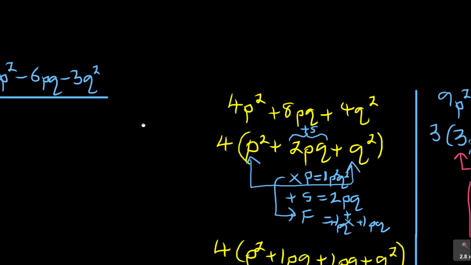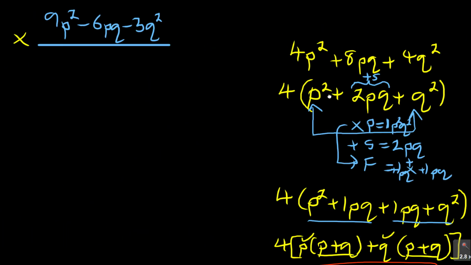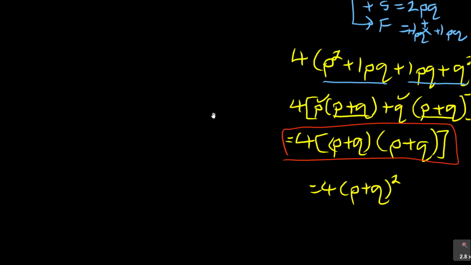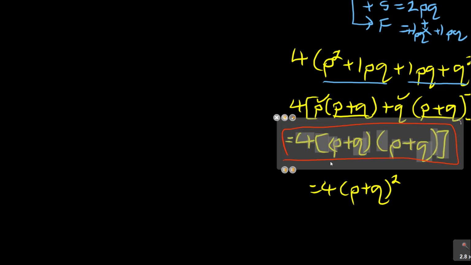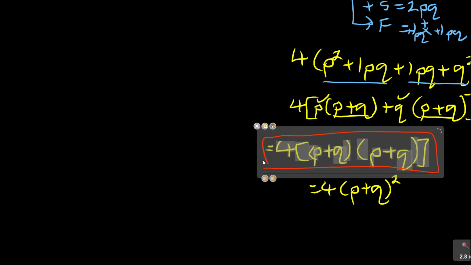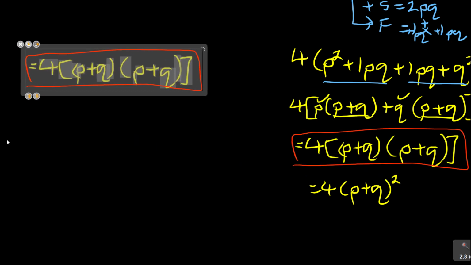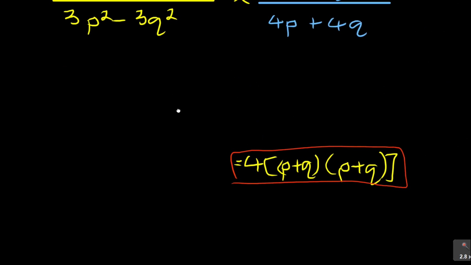I've got what? The other one was 4p plus 4q. Okay, so it was 4p plus 4q. But now you remember what we got. We got this. You see, I'm just grabbing these things now. Okay, no, I don't want it. I just want to duplicate it so that we remain with this. So we got this here.